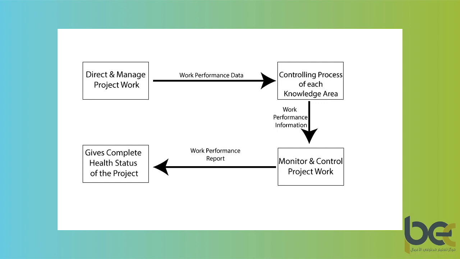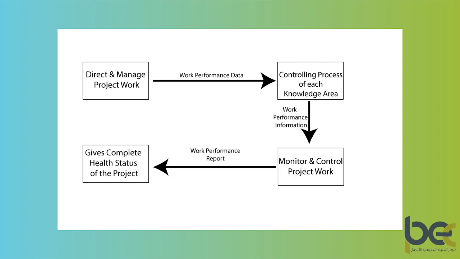And when you compile this information into a report and hand it over to the stakeholders, at that time it is called work performance report. I will repeat the entire process. You collect the data at the time of doing the work or executing, that is called work performance data. You process the data, you compare it with the threshold values and you come up with an analysis. That analysis is called work performance information. That information or analysis is then submitted as a report to the stakeholders and this report is called work performance report.